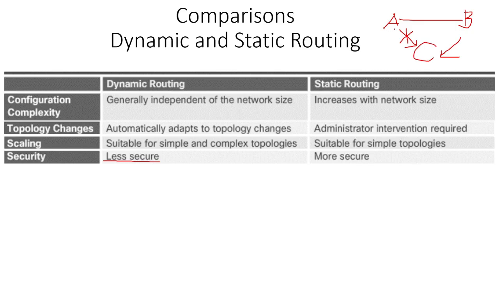He or she is the one who configures the path from A to C or the path from A, B, C. If this router is using the dynamic routing, the router will just learn or automatically determine, this is the best path from A to C. This is the best path from A to B. Or this is the best path from A to C, ADC.